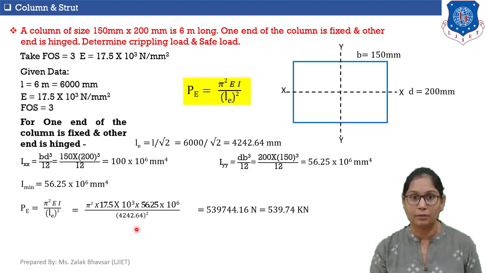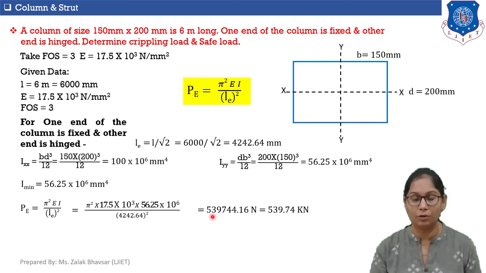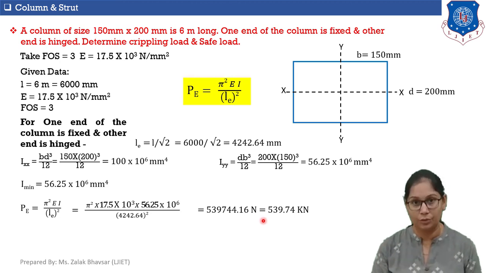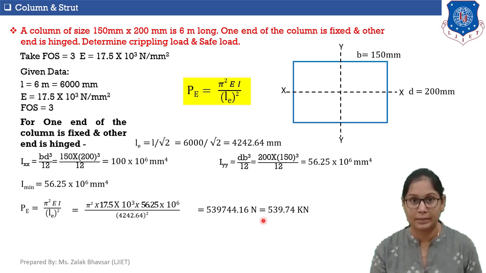So if I put all the values and calculate, then I am getting PE is equal to 5,39,744.16 Newton, and I am converting Newton into kilonewton. So I am getting crippling load is equal to 539.74 kilonewton.